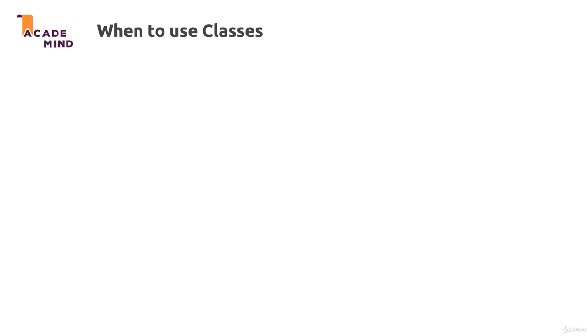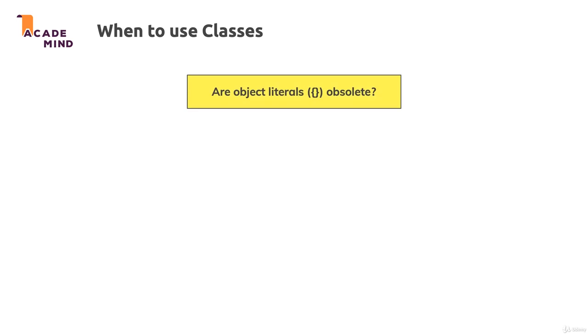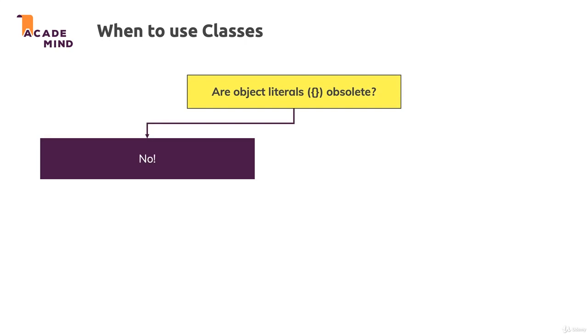It's also important to understand when to use classes. You might think that with classes, the old way of creating objects with the object literal notation is obsolete. And that would be wrong. It's not obsolete.